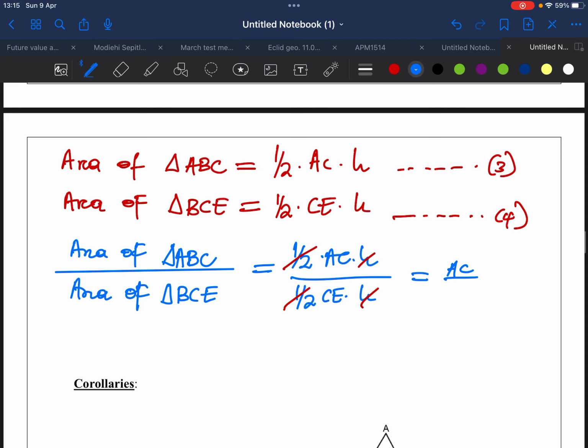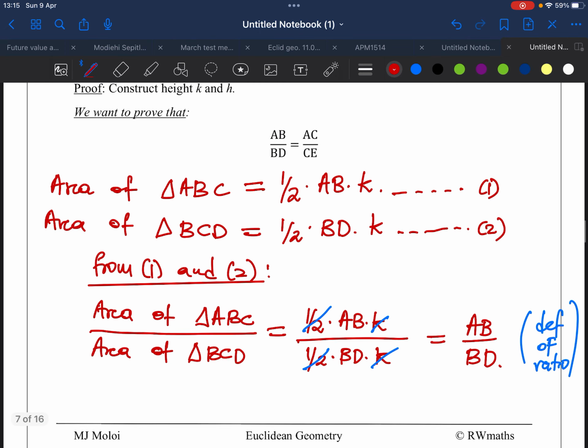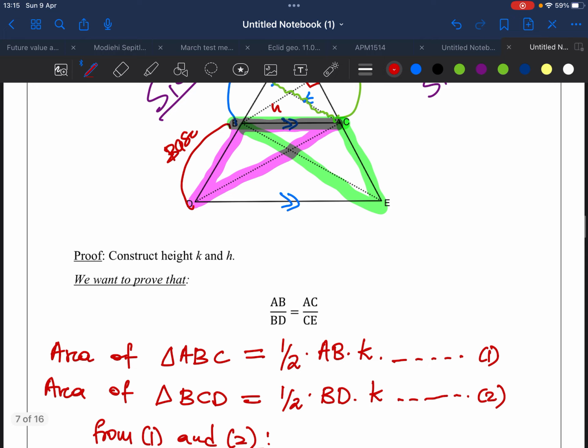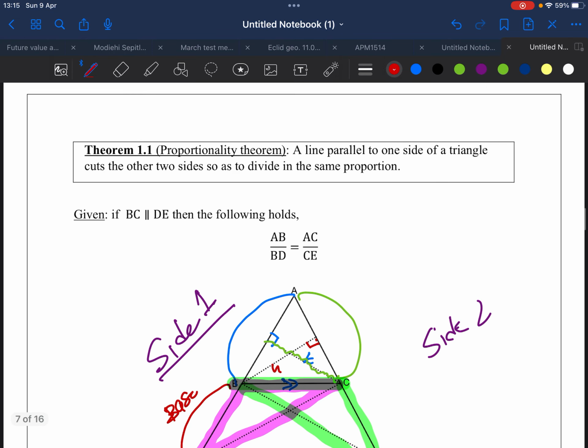We just have AC over CE there, according to the definition of ratio. So please appreciate this method of how to prove the proportionality theorem.